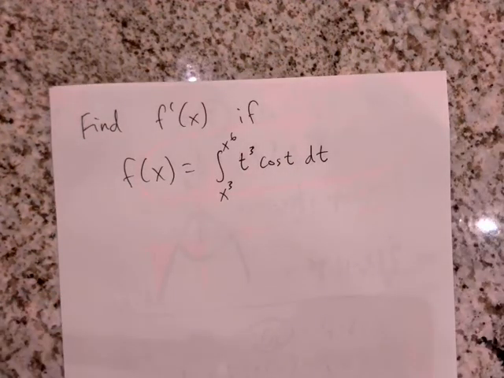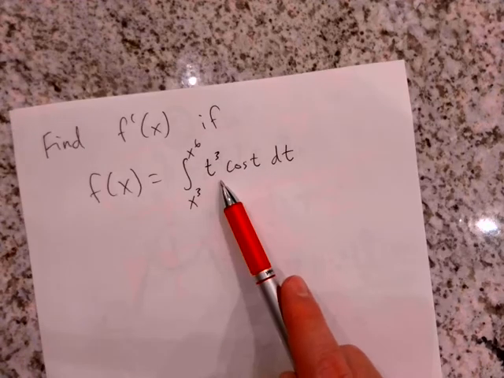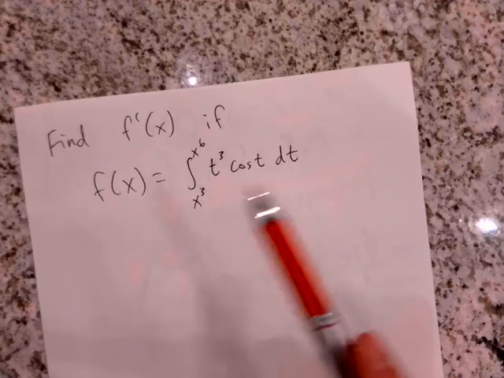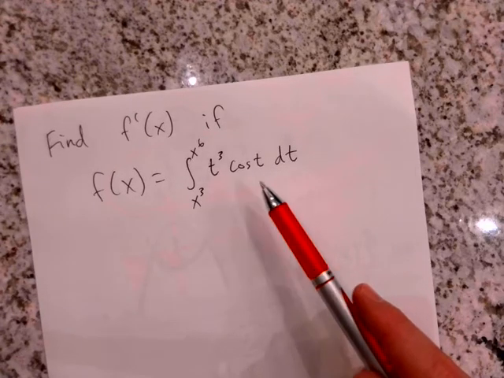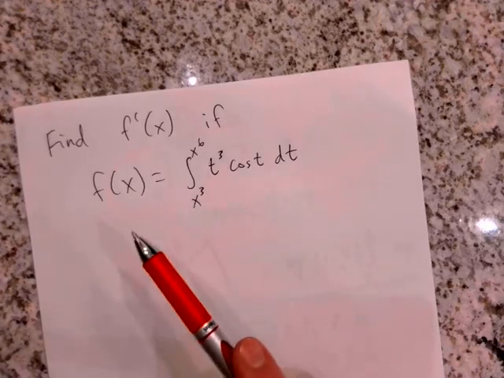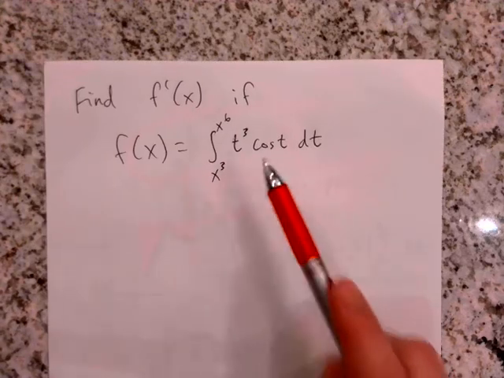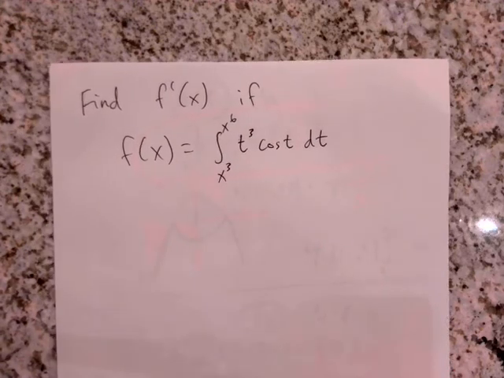Once again, the technique that we could do if it was an easier expression would be to do the antiderivative, plug your bounds in, and then find the derivative of that function. But we can't integrate that, so we have to use a shortcut.